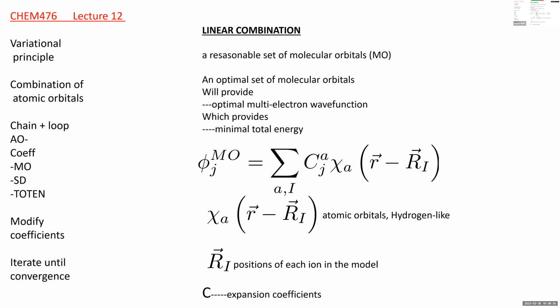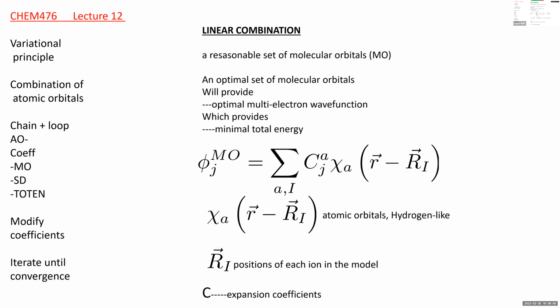So our molecular orbital, which means a one-electron wave function, is a summation of all atomic orbitals on all ions in the molecule with different weight coefficients, different expansion coefficients C, with indices C, A, and J.